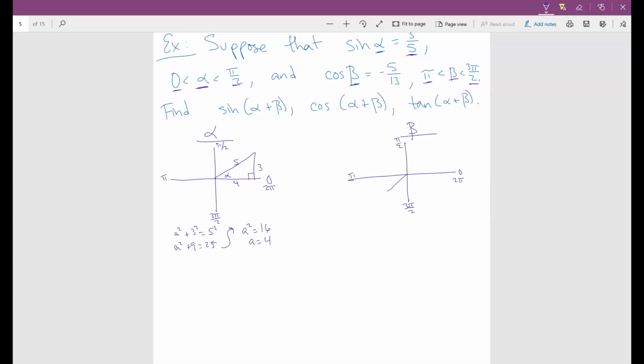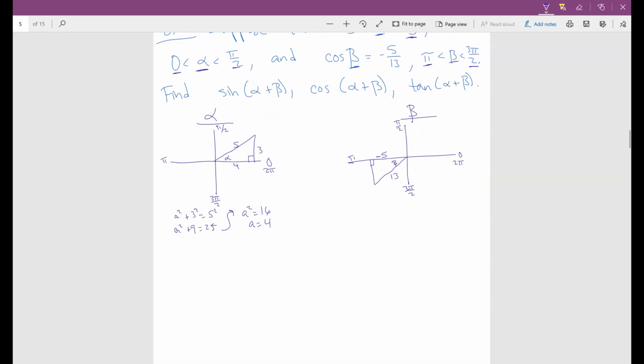My triangle is going to be hinged around this axis. Beta is right here. Cosine beta is negative 5 over 13, so that's going to be the adjacent over the hypotenuse. Notice that in this case, it makes sense for the 5 to be negative because it is on the negative x-axis.